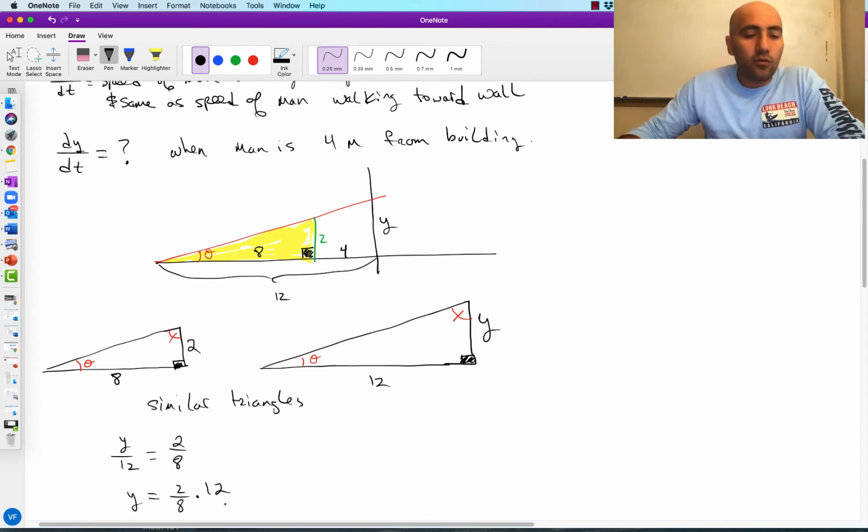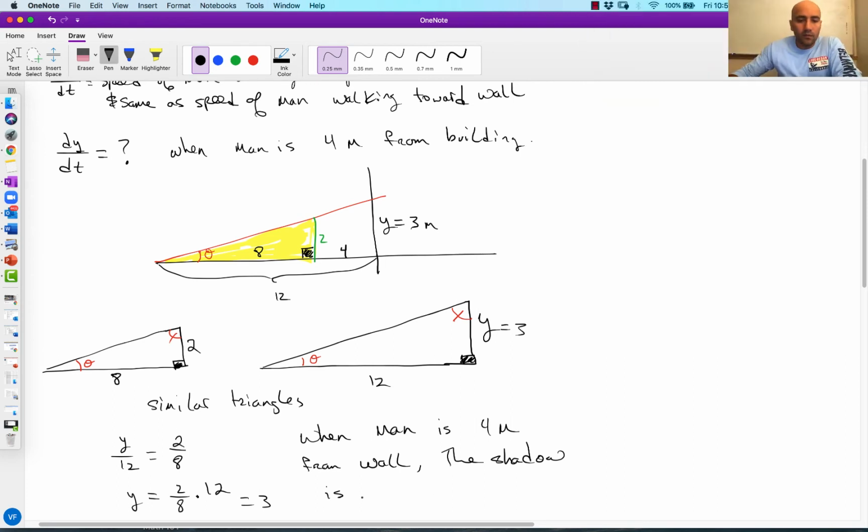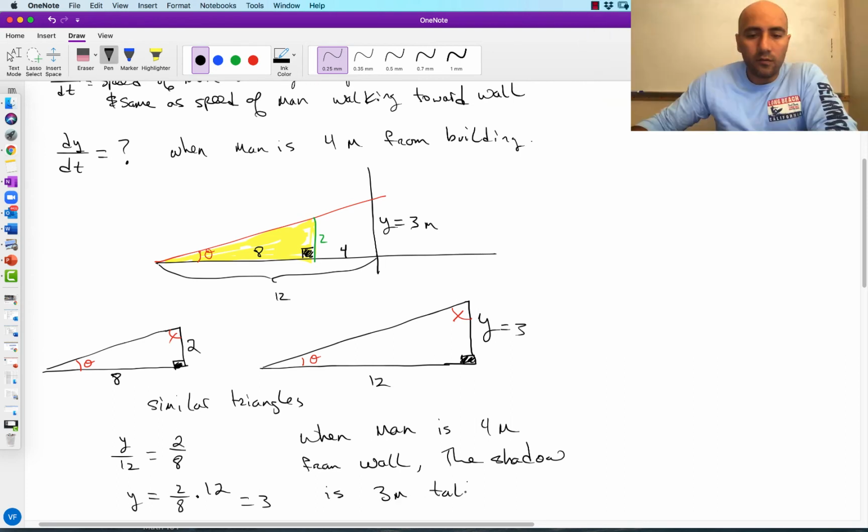That's going to be 24 divided by 8, which is equal to 3. So at this point y equals 3, which means when the man is 4 meters away from the wall, his shadow is 3 meters tall.